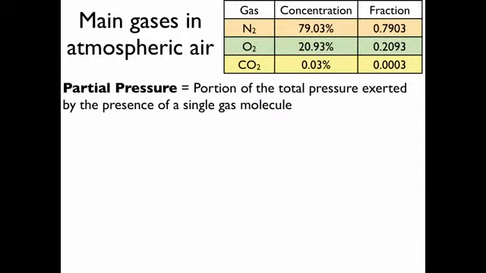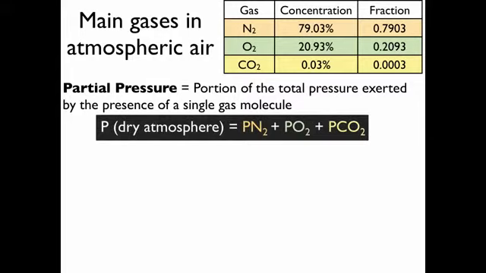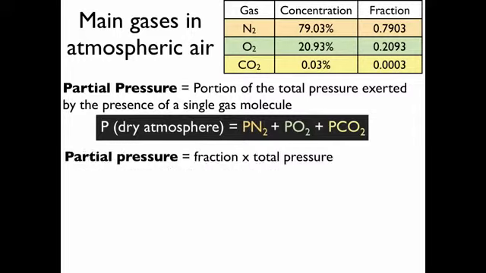So again, the partial pressure is the portion of the total pressure exerted by the presence of a single gas. So we can say that the total pressure in the atmosphere, so for example, 760 millimeters of mercury at sea level, is due to the partial pressure of nitrogen plus the partial pressure of oxygen plus the partial pressure of carbon dioxide.